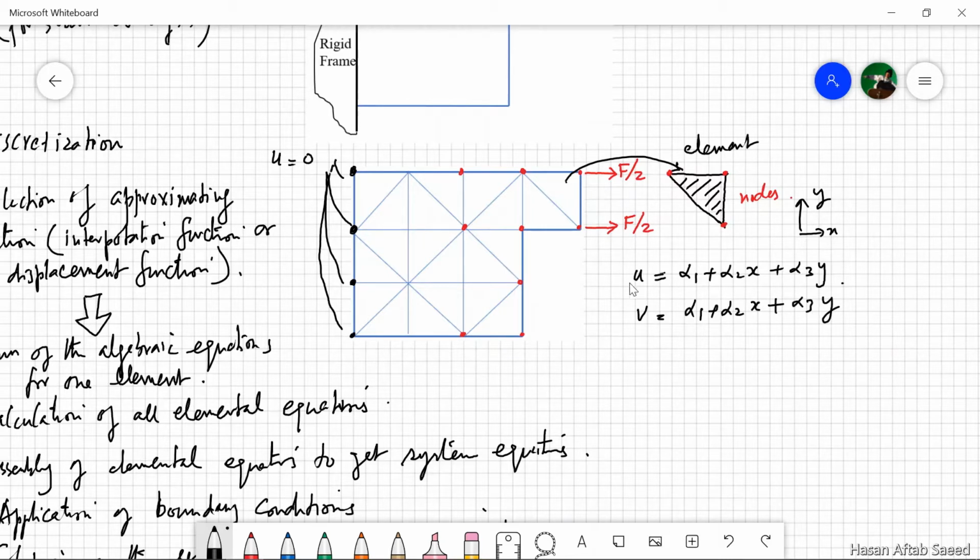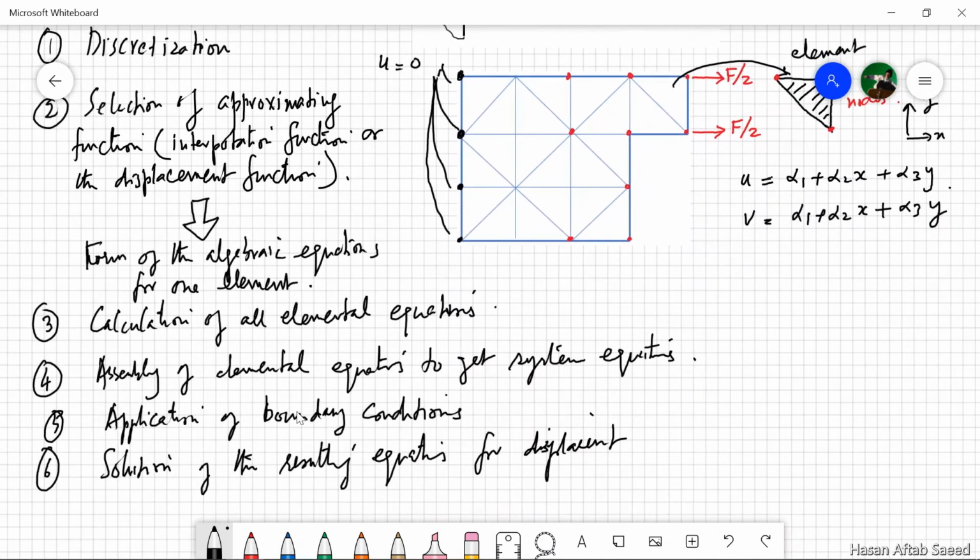This expression is valid for each element, but this is a function of the nodal values. If we know the nodal values, we can then interpolate, and that is why it is called an interpolation function. But unless we know the nodal values, we cannot know the values at the inside, and nodal values to this point till point number 5 are unknown.